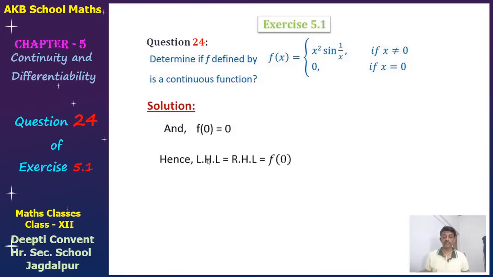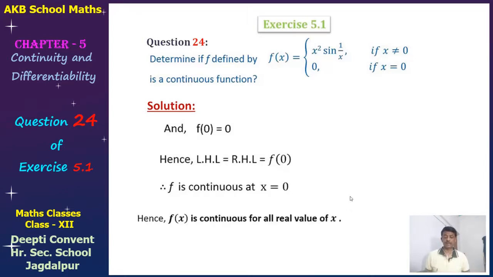So left hand limit, right hand limit and value of the function are equal, that is f is continuous at x equal to 0. Hence f(x) is continuous for all real values of x, that is continuous function. That was the solution of question 24.